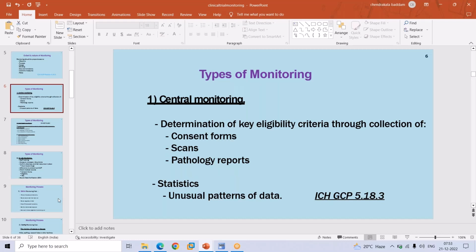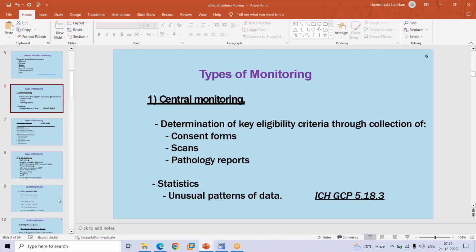Determination of key eligibility criteria. You know already, eligibility criteria fall into two categories, inclusion and exclusion: what kind of subjects to be included, what kind of subjects to be excluded.